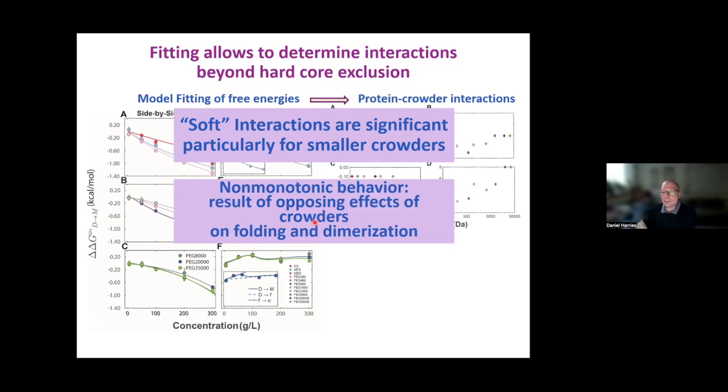So this is something that helps us dissect the interactions between the Crowders and the molecules that we're interested in. Is there anything else that can be learned from applying our model to this system?